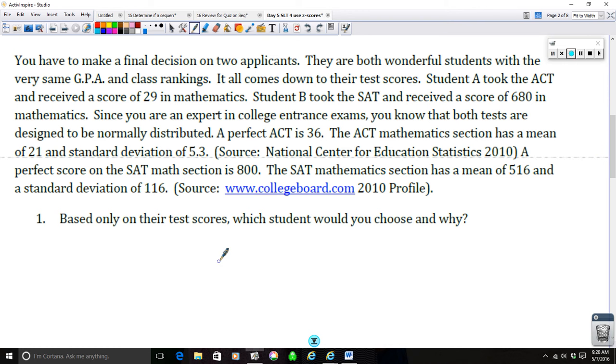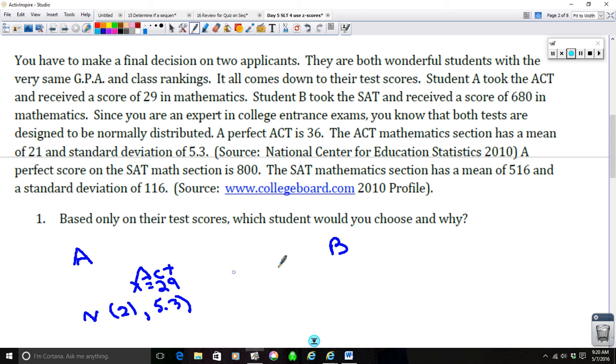All right, you have two students, what I call student A and student B. Student A took the ACT and scored 29 in mathematics. You found from below that the ACT is normally distributed with a mean of 21 and a standard deviation of 5.3.